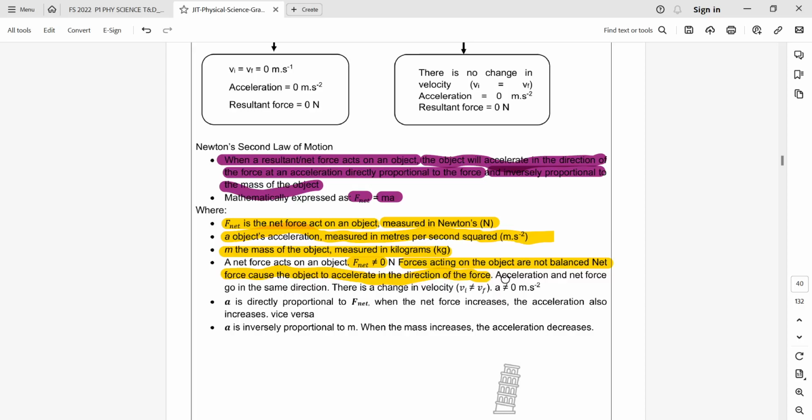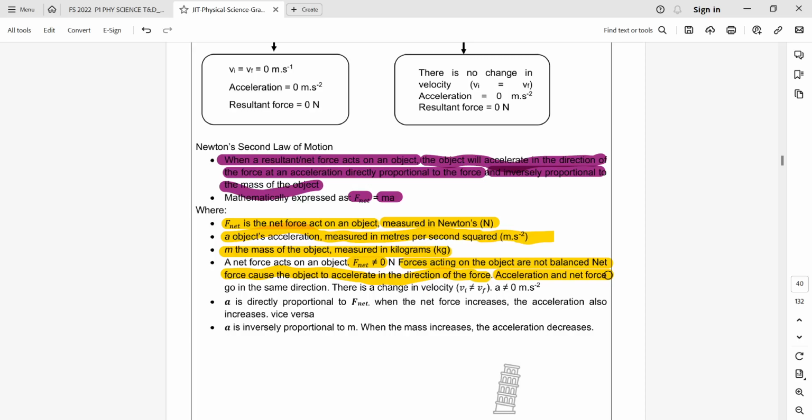The acceleration and the net force go in the same direction. Wherever the object is moving towards is where the force was applied. There is a change in velocity, which means the final velocity and the initial velocity are not the same. Therefore, acceleration is not 0.